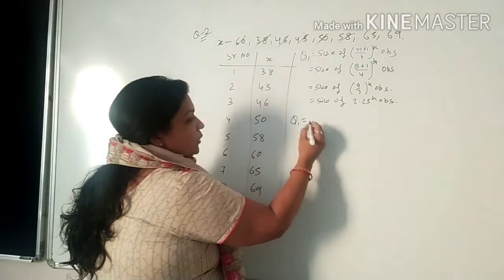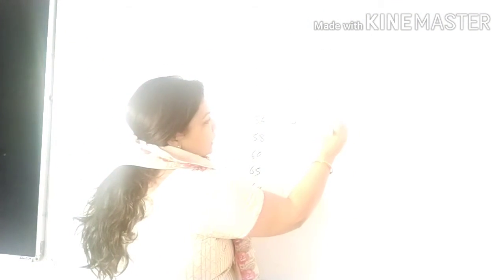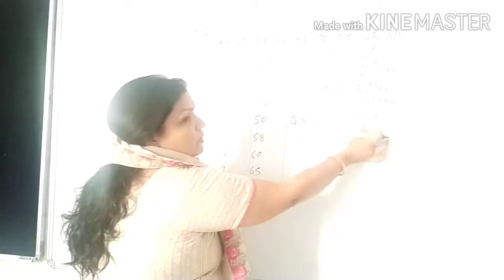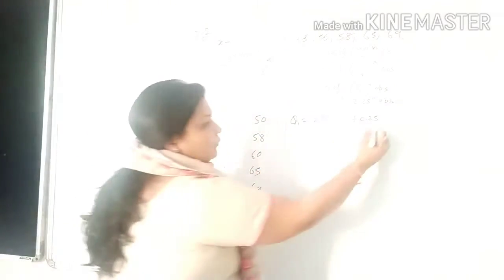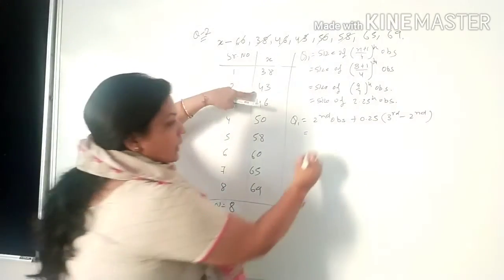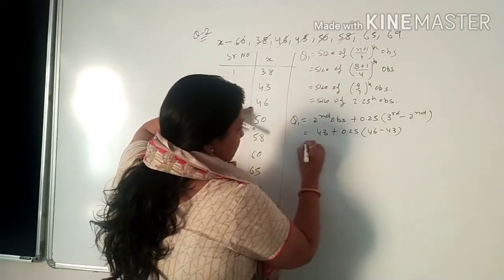So Q1 equals the second observation plus 0.25 times (third observation minus second observation). Whatever the decimal part is, we write it here. Which is the second observation? 43. Put 43 here, plus 0.25 times the third observation 46 minus 43.